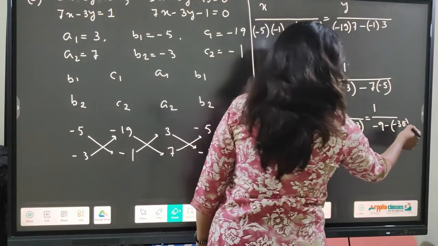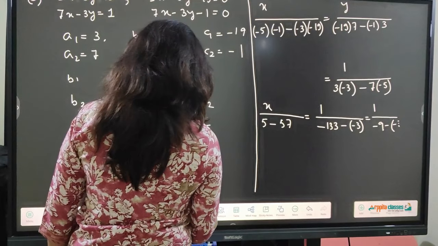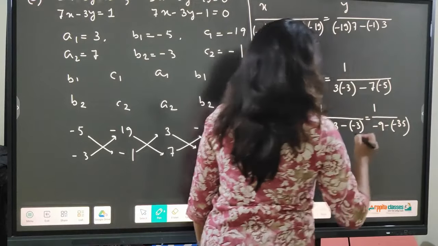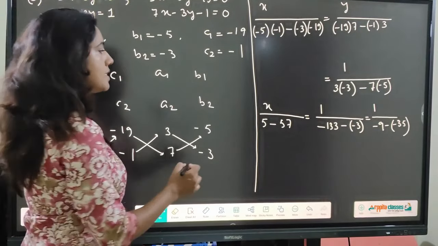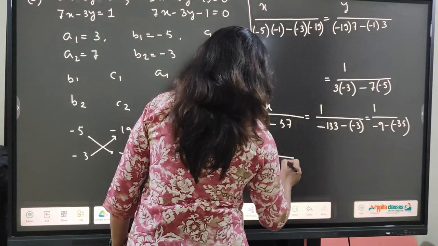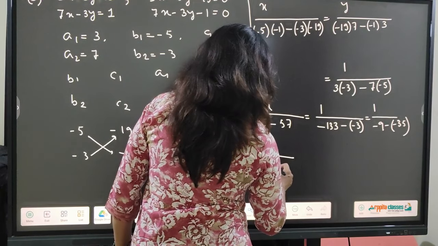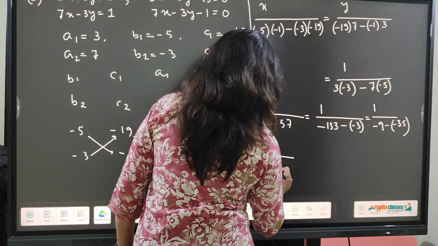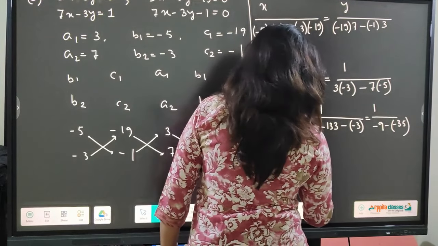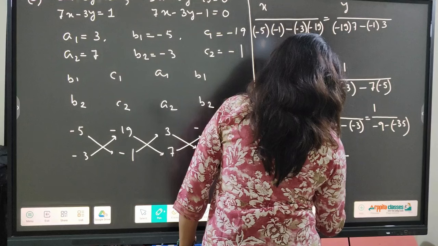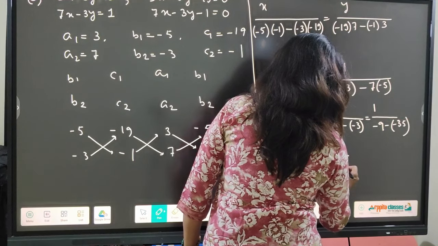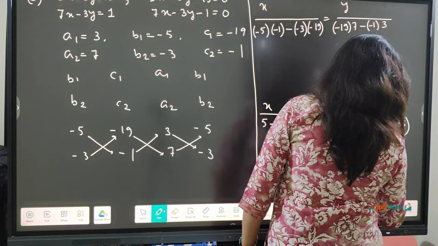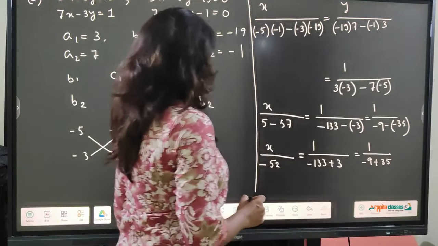Just put it properly. Minus 35. Okay. Now let us calculate this. X upon, this will be minus 52 is equal to 1 upon minus 133 plus 3, and this is equal to 1 upon minus 9 plus 35.